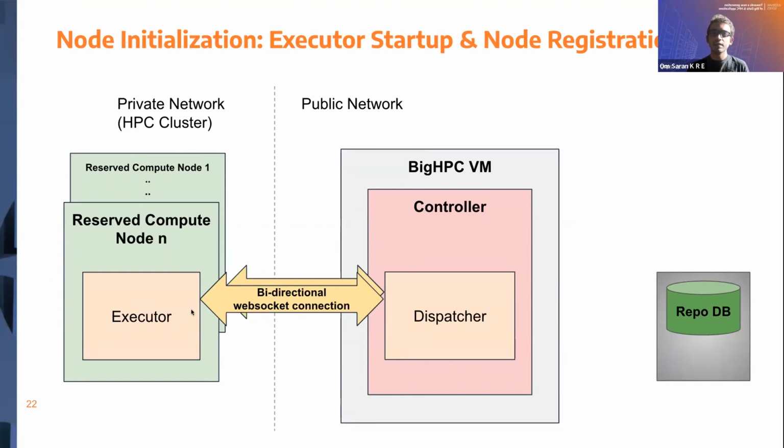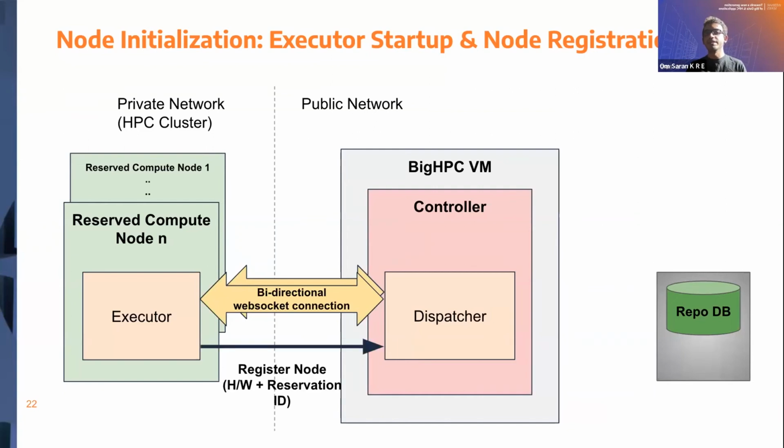And this bidirectional connection will be used for future communication between the compute nodes and the BigHPC controller. Once it establishes the WebSocket connection, it registers itself as a node available to be scheduled with the BigHPC orchestrator.